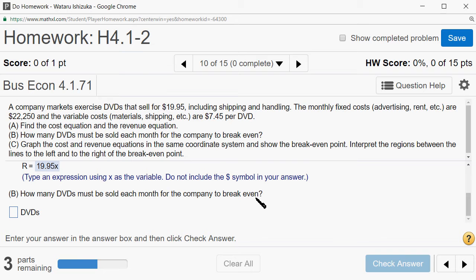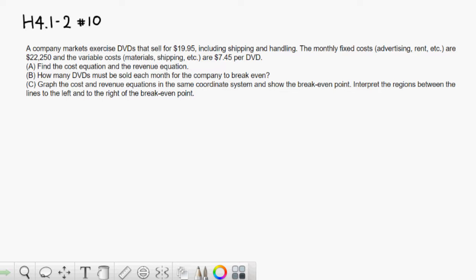All right, then how many DVDs must be sold each month for a company to break even? All right, so what does break even mean? All right, so when they say break even, this tells you that we have to make sure that the cost is equal to the revenue, so that we break even, right?